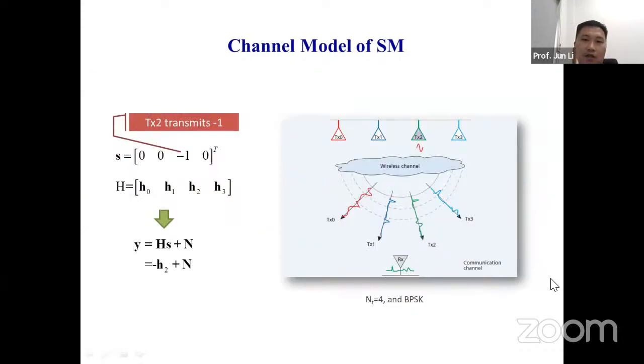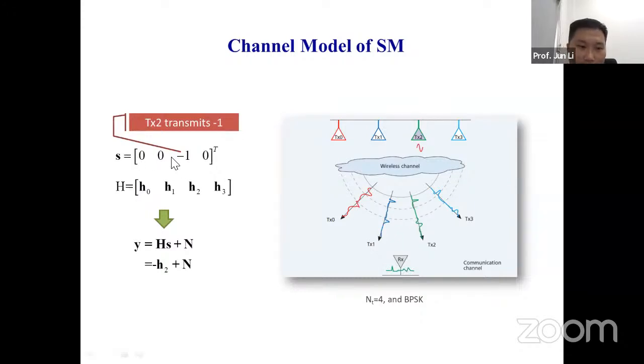And this is the channel model of spatial modulation. This is the same signal vector: 0, 0, -1, 0, and there is only one receiver antenna and 4 transmit antennas.